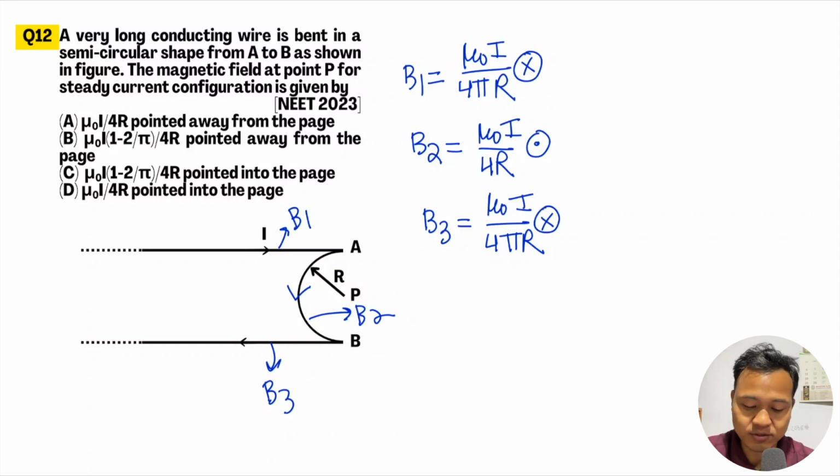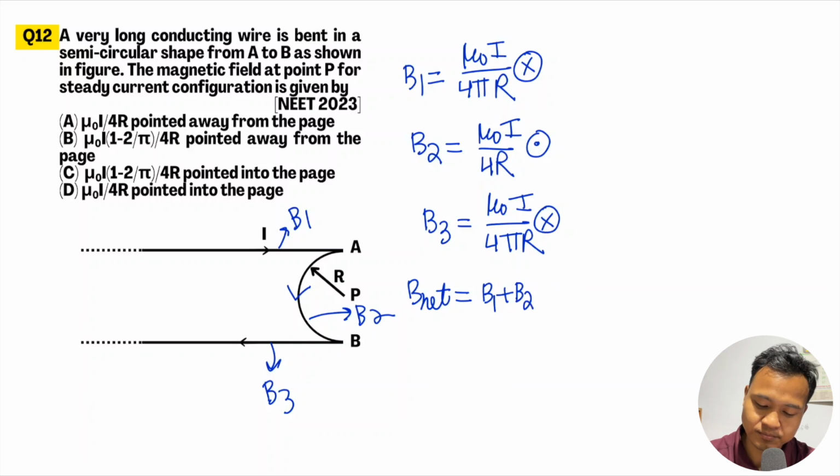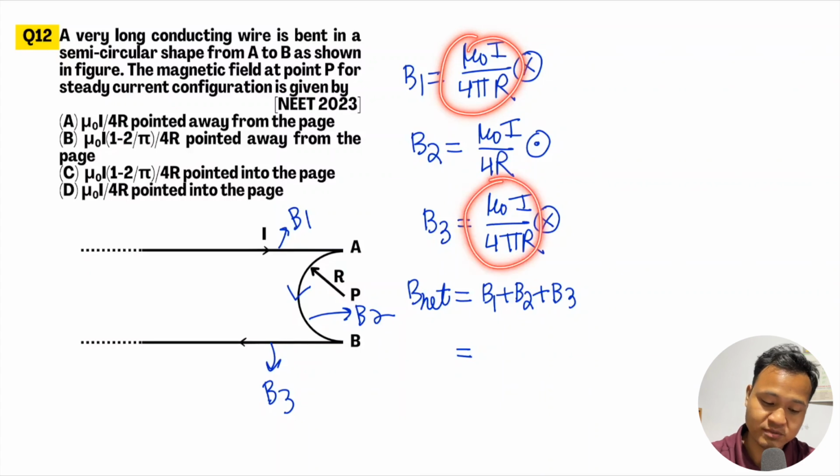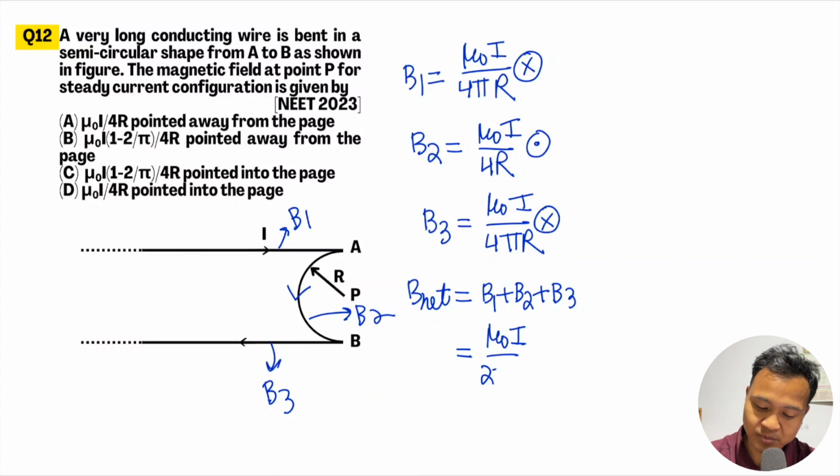Okay, now you add all of these three. So B net will be B1 plus B2 plus B3. B1 plus B3 is 1 by 4 plus 1 by 4, which is 1 by 2 pi, so mu naught into I divided by 2 pi R. This is inward. Let's say inward is plus, then outward will be minus. So minus mu naught into I by 4R.